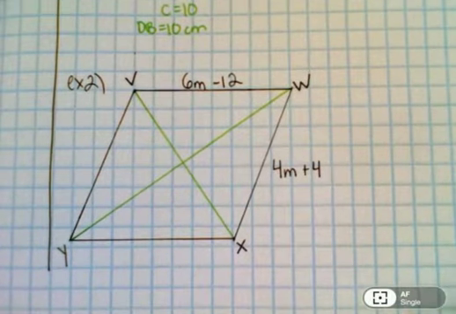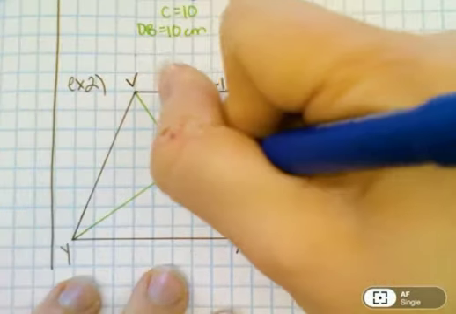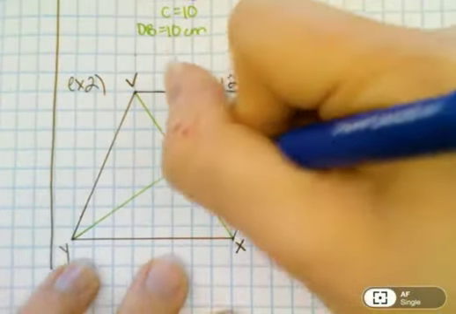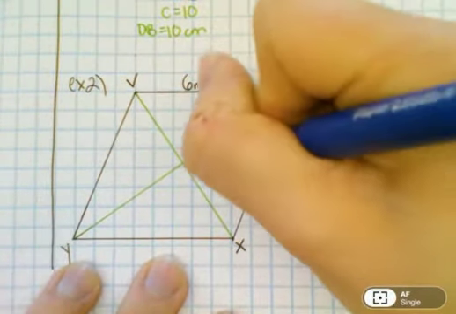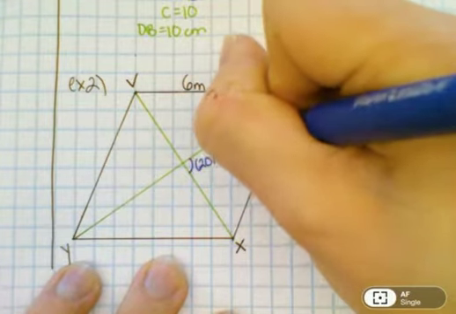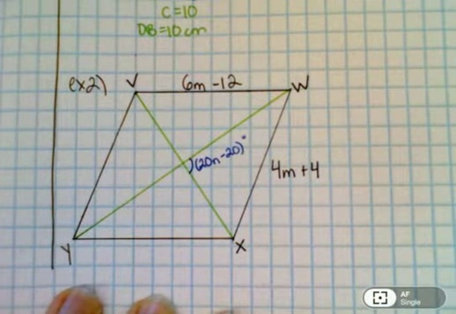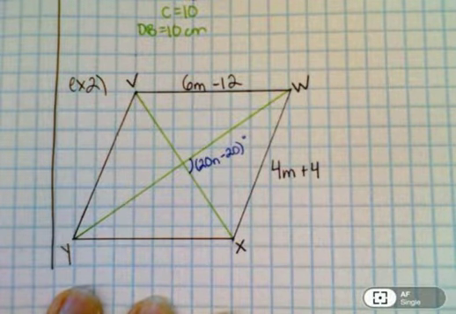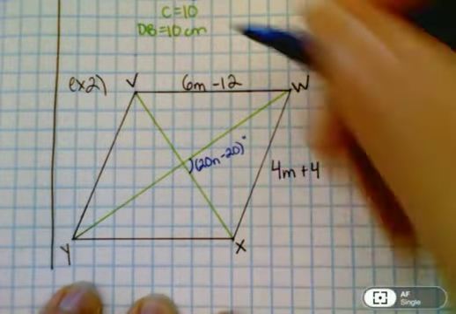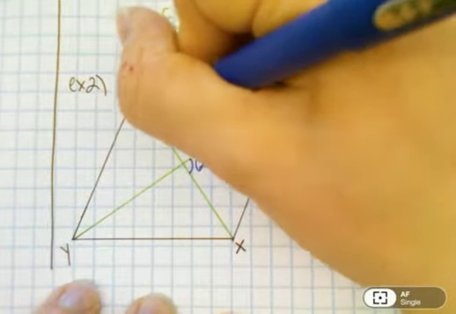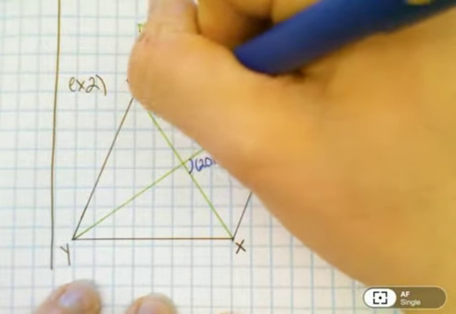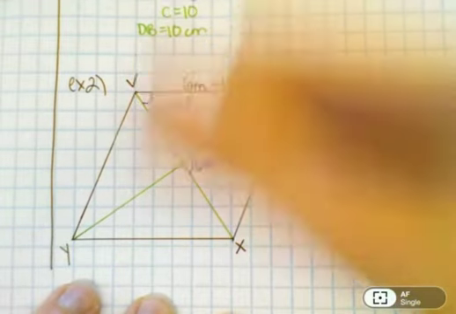Okay. This angle right here is 20n minus 20 degrees. And this angle right here is 9n plus 4 degrees.